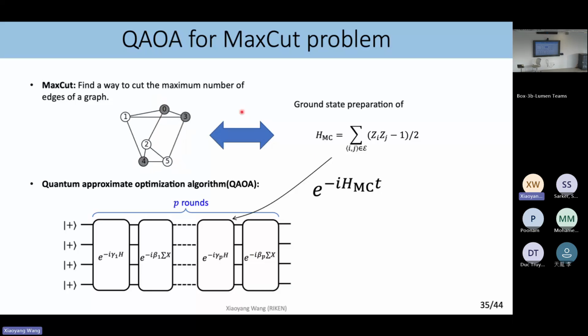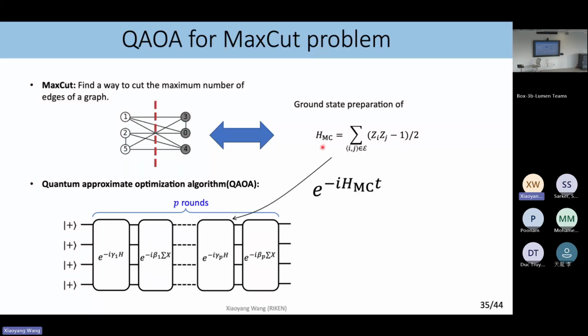So here we study the simpler problem of the max-cut problem. The so-called max-cut problem is to find a way to cut the maximum number of edges of a graph, and this max-cut problem can be transformed to the ground state preparation of an anti-ferromagnetic Ising Hamiltonian.